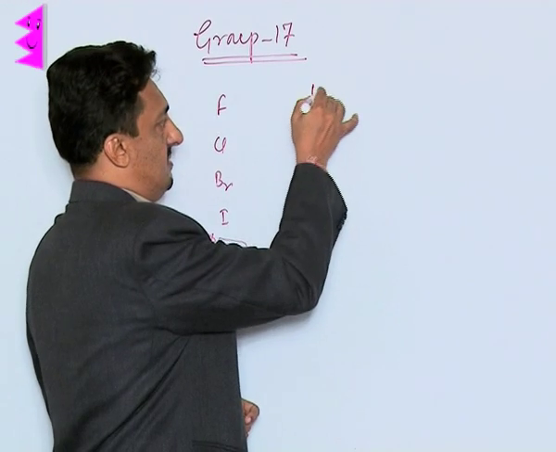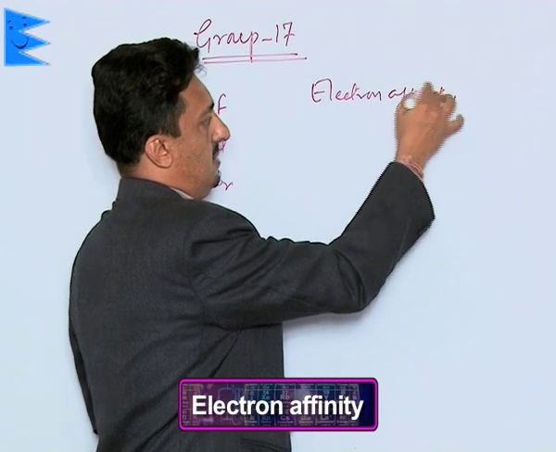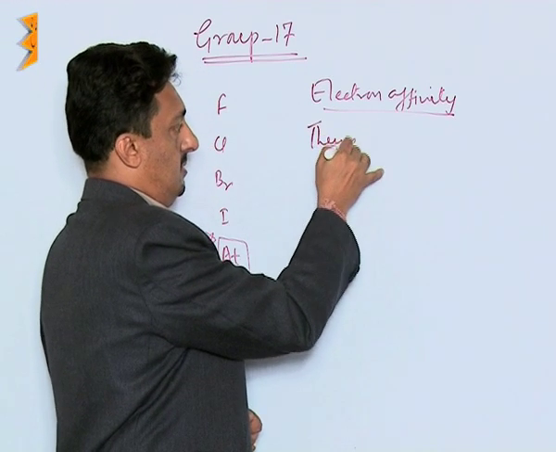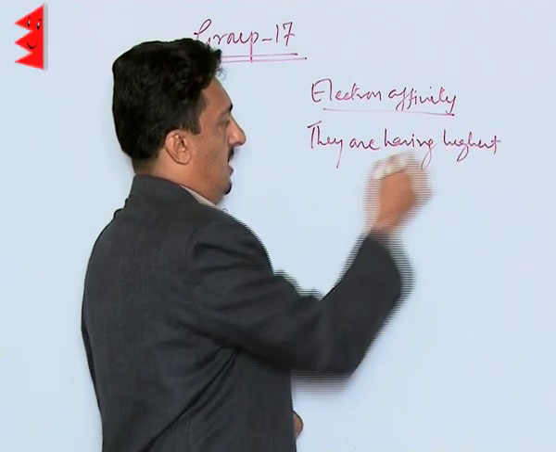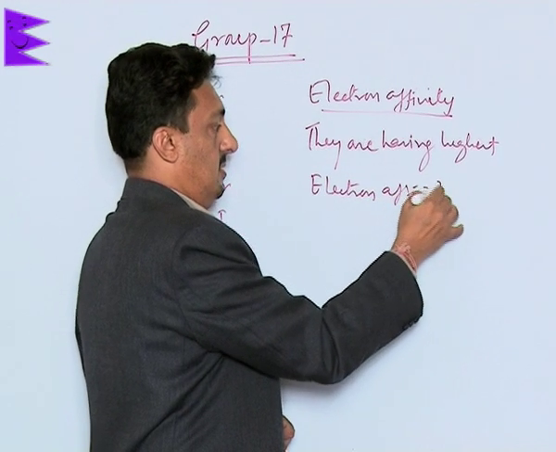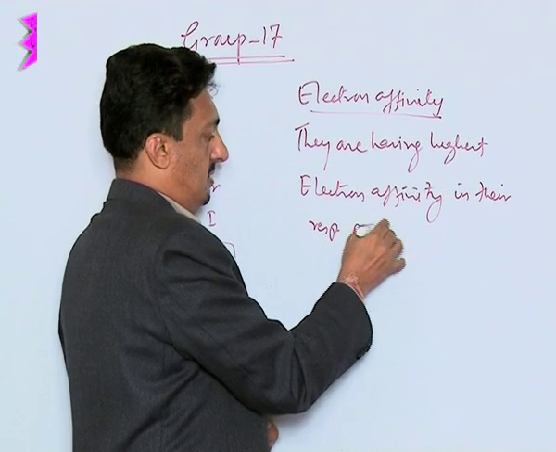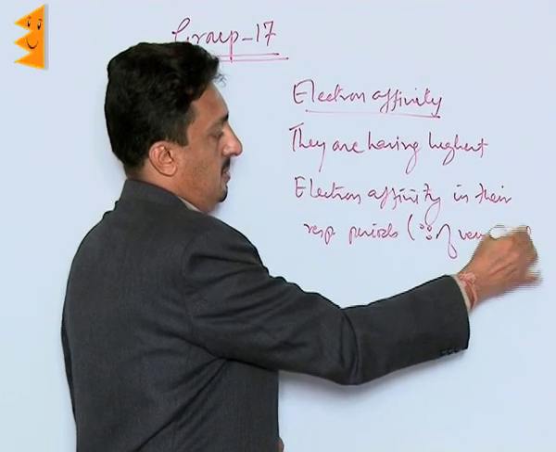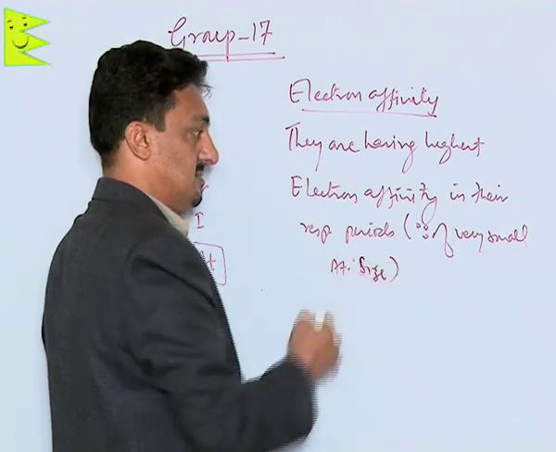Let us discuss their electron affinity or electron gain enthalpy. Remember, they are having the highest electron affinity in their respective periods because of very small atomic size.